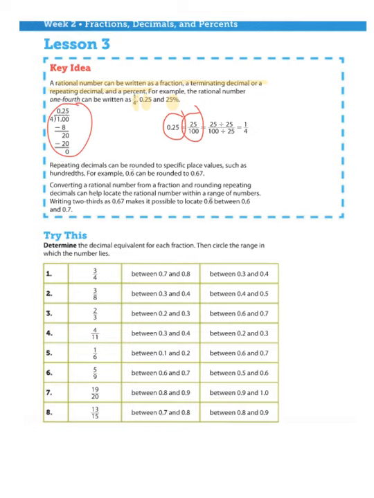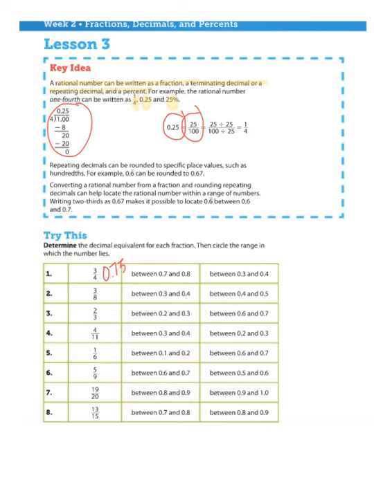So, for example, 3/4. In your calculator, you're going to take 3 divided by 4, and you get 0.75. Is that between 0.7 and 0.8, or 0.3 and 0.4?